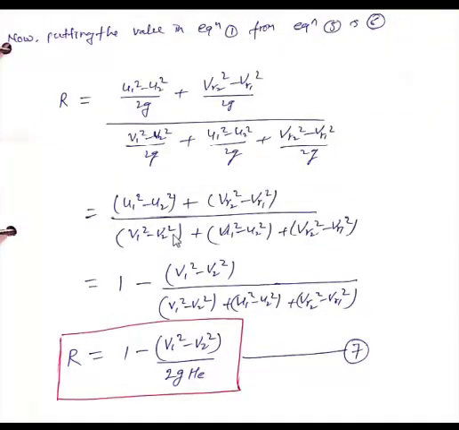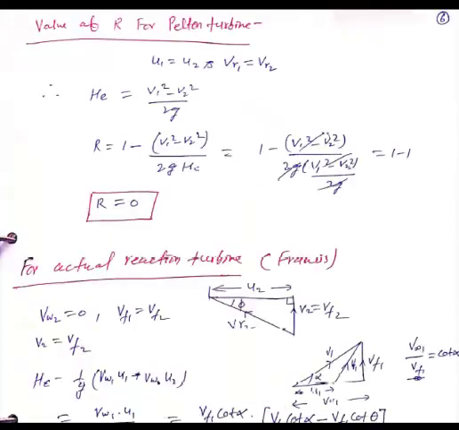After solving the whole equation, we get R is equal to 1 minus [(V1 square minus V2 square) divided by 2G into HE]. This is known as the degree of reaction. This is equation number 7.